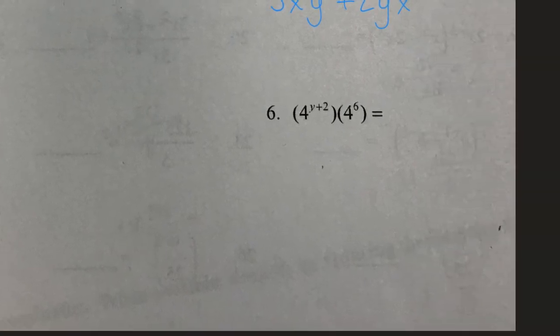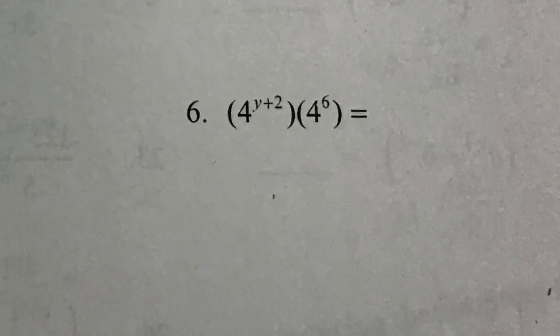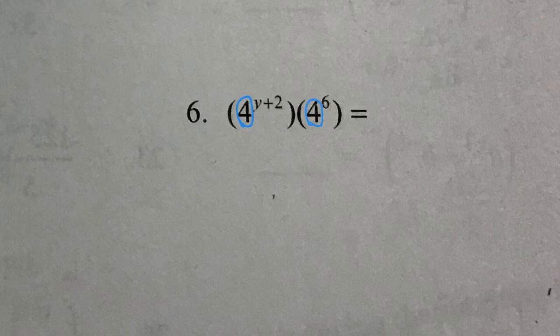All right. Then we have 4 to the power of y plus 2 times 4 to the power of 6. Now this is where we have to keep our same bases in mind. We have a 4 for our base in the first term, and 4 for the base in the second term.